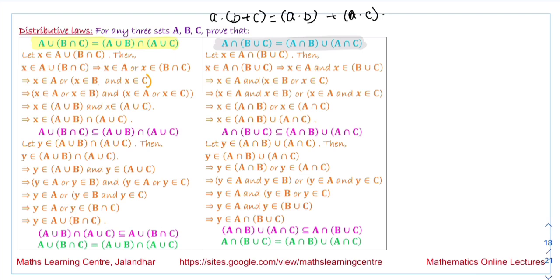If we are able to prove one of these, the second has a similar proof.